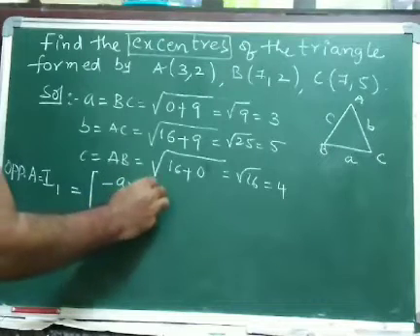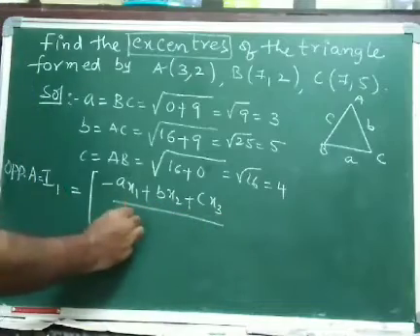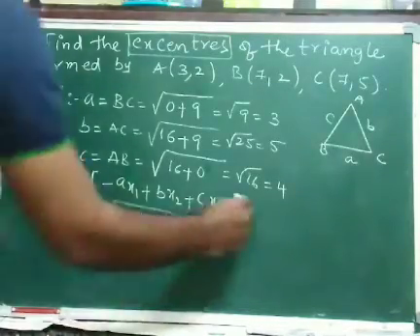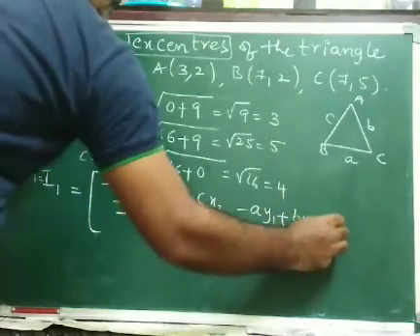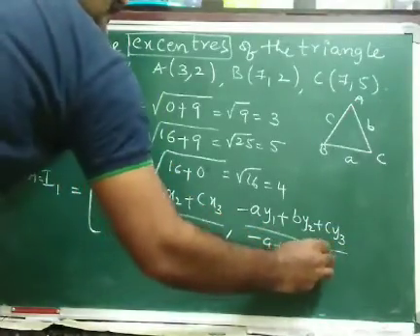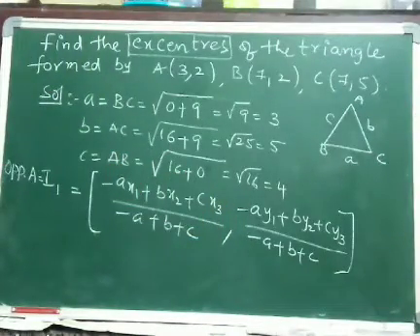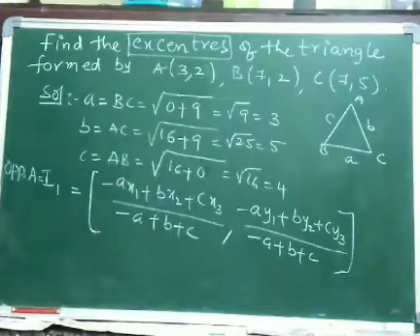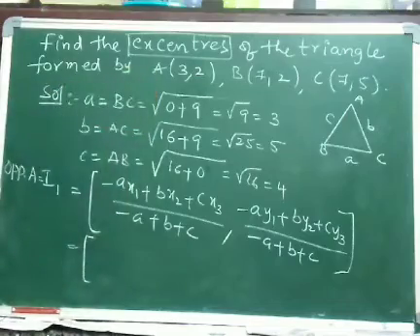Minus AX1 plus BX2 plus CX3 by minus A plus B plus C, comma, minus AY1 plus BY2 plus CY3 by minus A plus B plus C. So it is the same formula as the incenter, but the only thing is in the place of A, we need to write minus A. So please substitute these values.